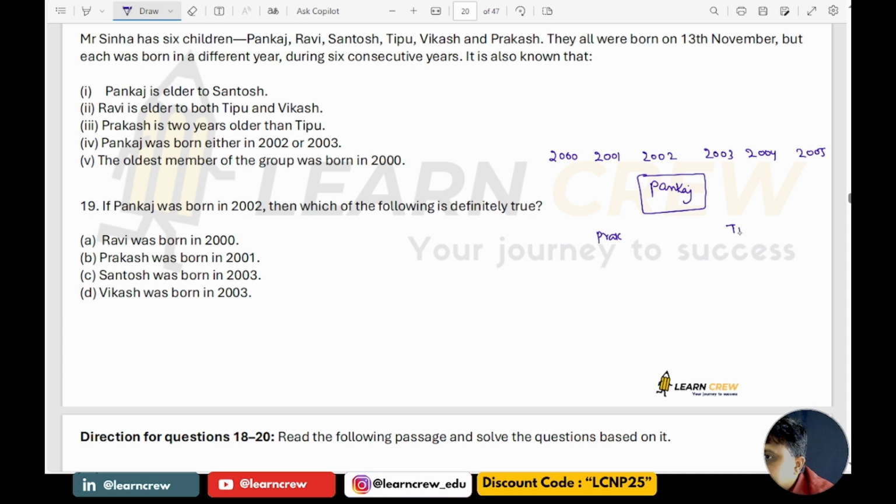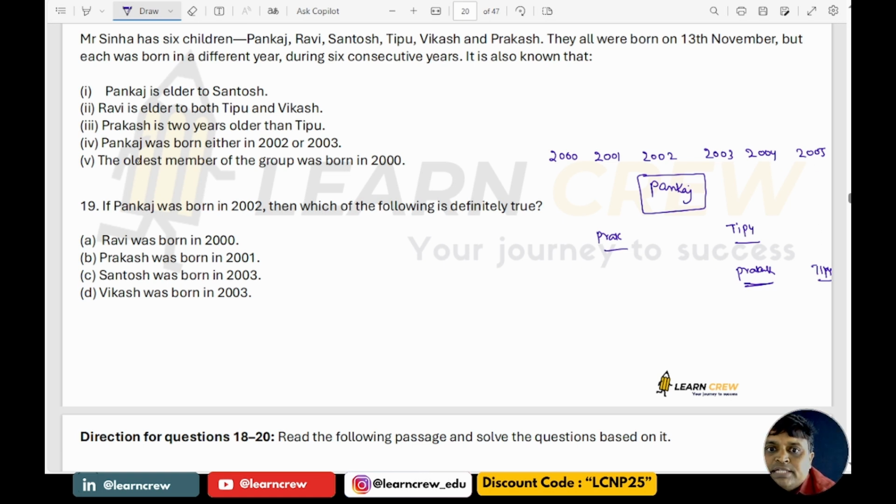Or Tipu here, Prakash here, is that possible? Yes or no? This cannot be Prakash, because already it is fixed as Pankaj, so it cannot be Tipu. So if it is Prakash, Tipu has to be this one.